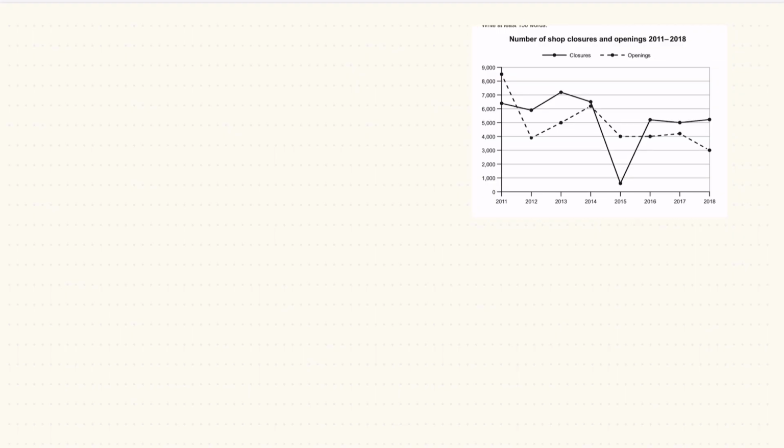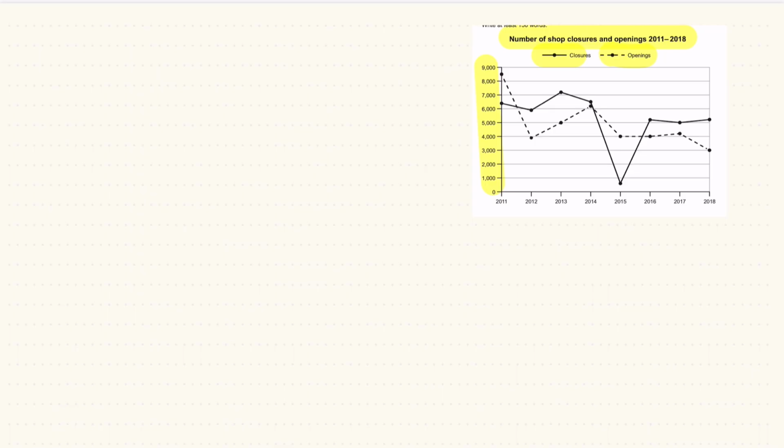What is the big picture? Number of shop closures and openings from 2011 to 2018. So you have closures and openings, and also here are the numbers. And on the x-axis is the time.